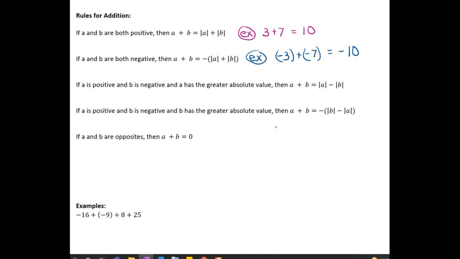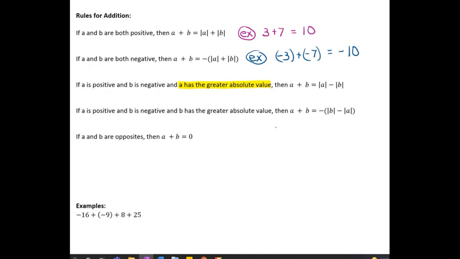What if A is positive and B is negative, but A has the greater absolute value? In that case, we're going to take the difference between A and B and start with, again, the bigger absolute value, which is A, subtract, and keep the sign of the bigger absolute value.